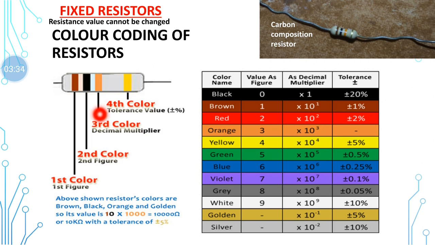The third band indicates the decimal multiplier. According to the chart, the third color, orange, is a multiplier of 10 raised to 3.